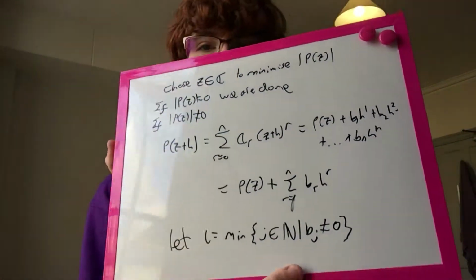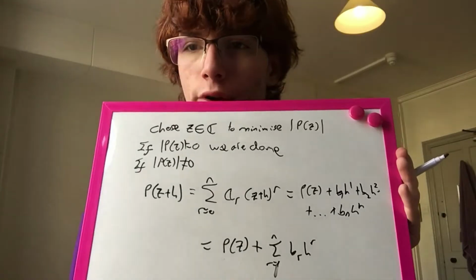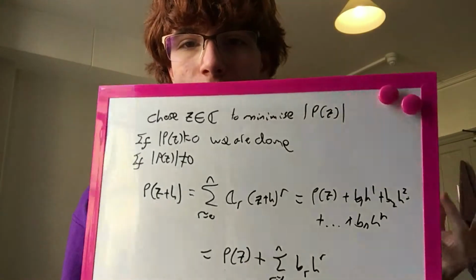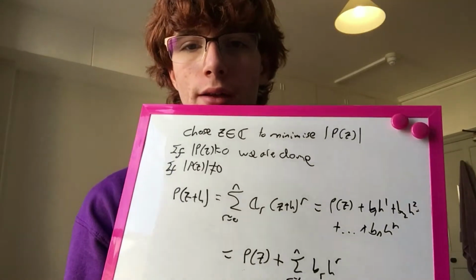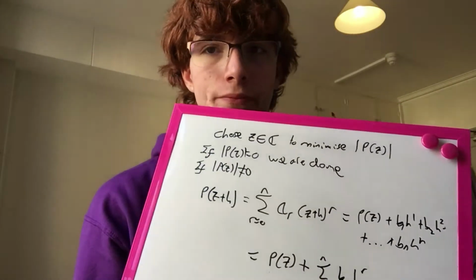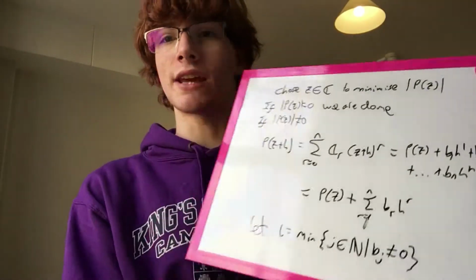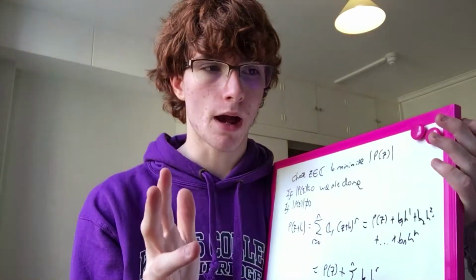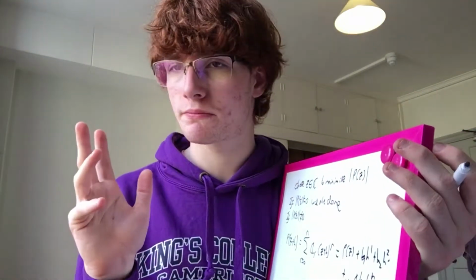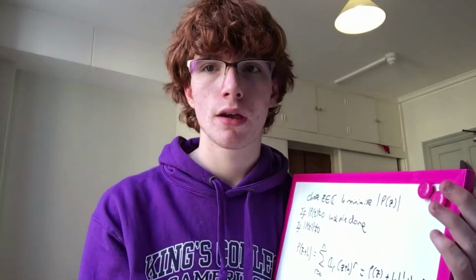So, if b_1 is 0, then you have p of z plus 0 plus b_2 h squared plus blah blah blah. Then it moves on to the next one. If b_2 is 0, it moves on to the next one. And it just takes the minimum b and takes that number. So if it's b_3 that's the minimum b, it takes 3, etc.